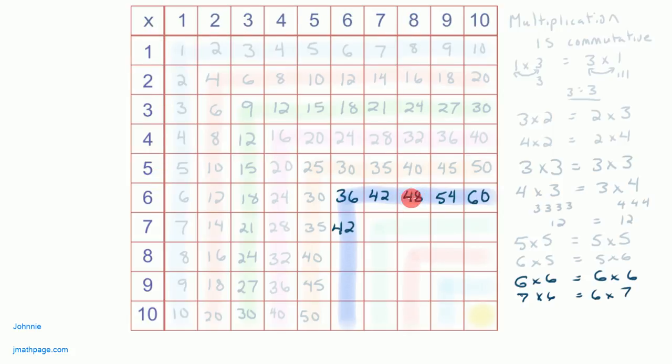We know that's 48. 9 times 6 is the same as 6 times 9, 54. And 10 times 6 is the same as 6 times 10, which was 60. Look at the parallels, all nice and even again. Let's move on to our 7s.